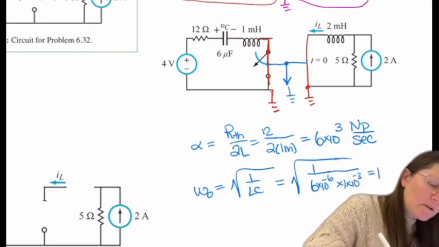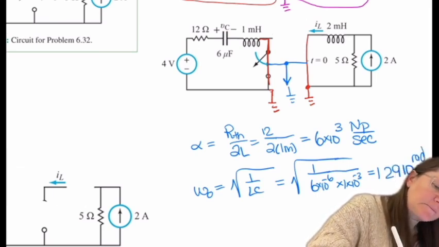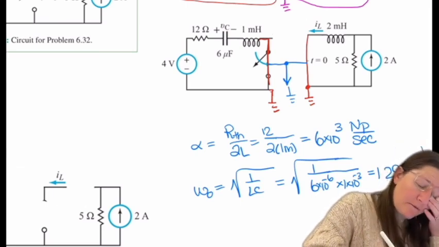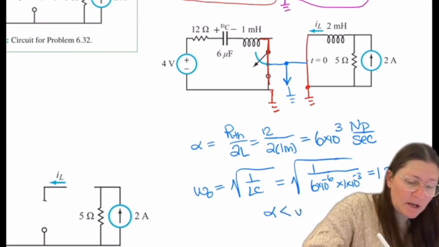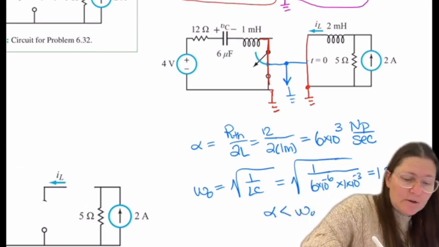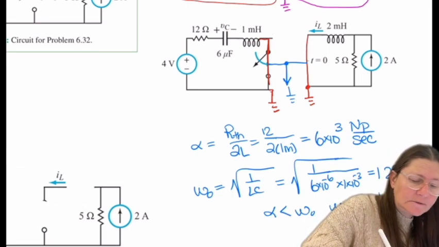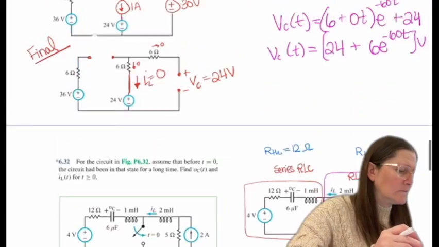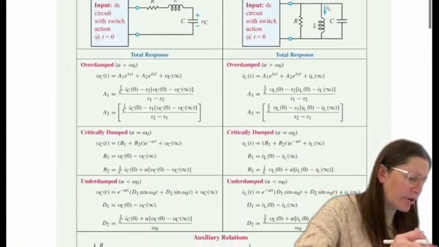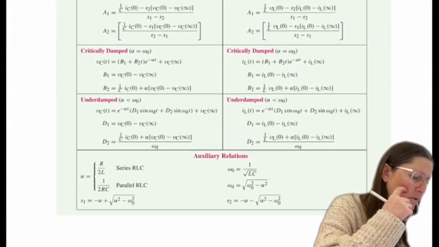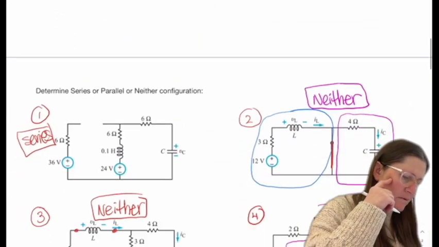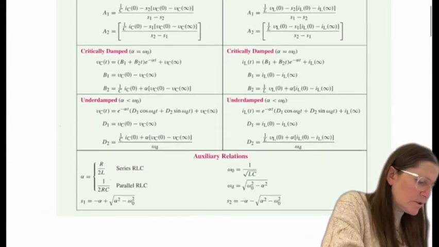And this ends up being 12,910 radians per second. And so you have alpha is less than omega naught, and so underdamped. So series underdamped.